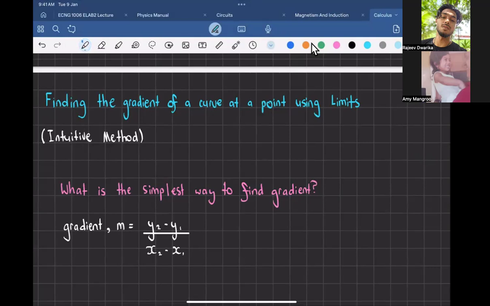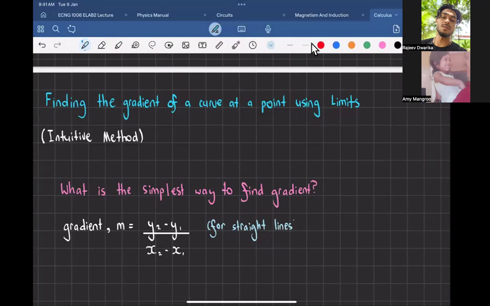Okay, and now we need to put that this is specifically for a straight line. Why is it for a straight line? What do we know about straight lines? Tell me something you know about straight lines. The gradient is the same throughout. Yes.